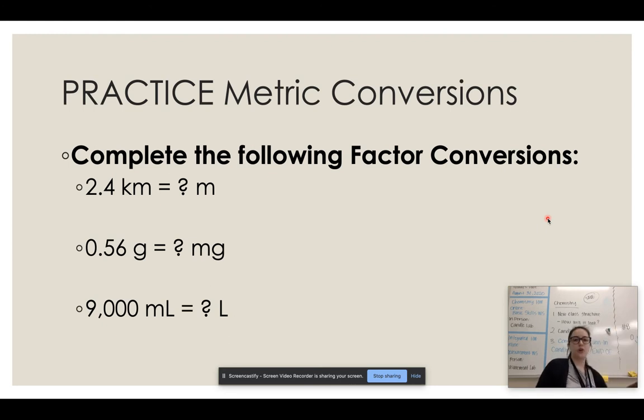All right. So the first one is 2.4 kilometers is equal to how many meters?